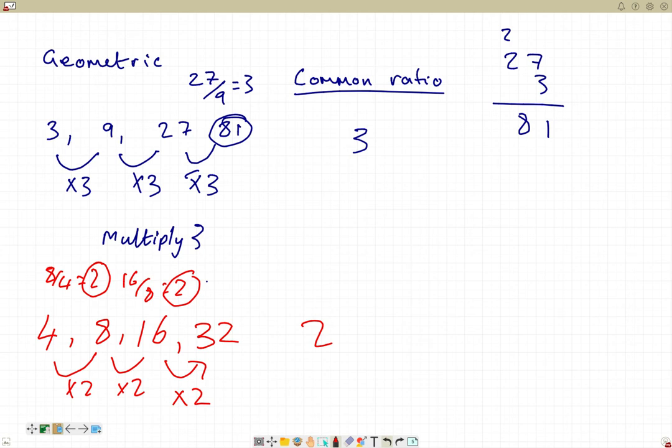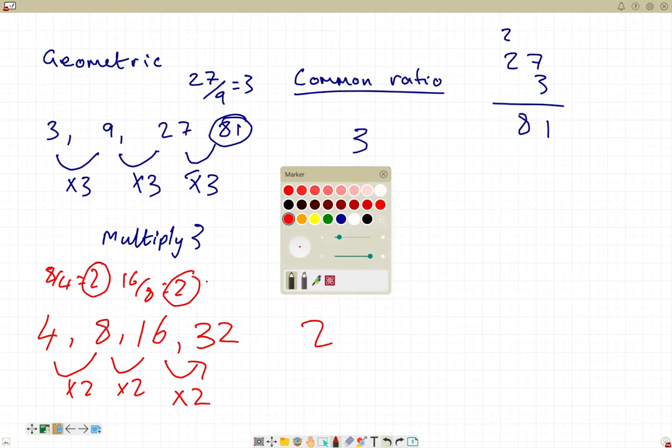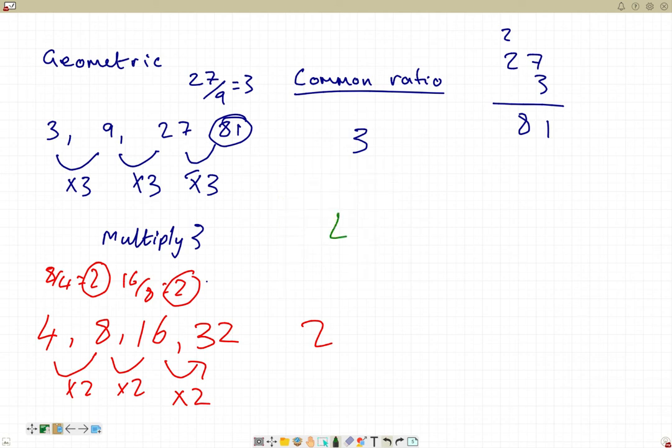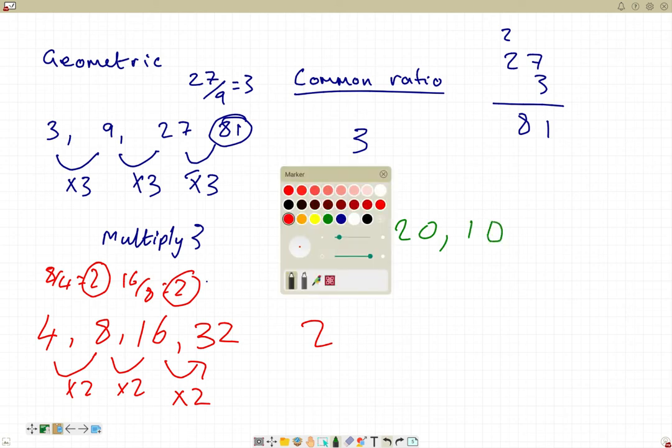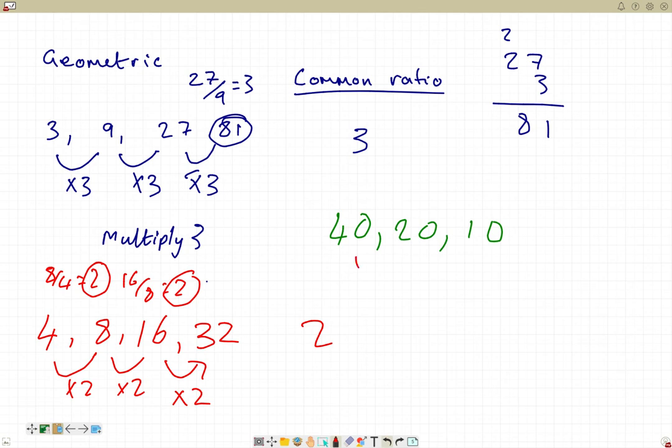Also, you could go down. So let's say I had 40, 20, 10. So in this sequence, guys, as you can see, the difference is divide by 2. Okay, so the common ratio is divide by 2, or a half.